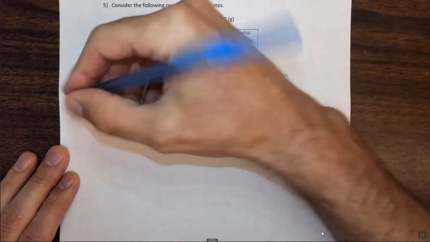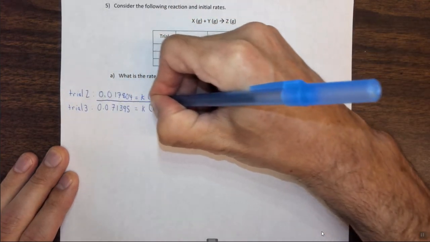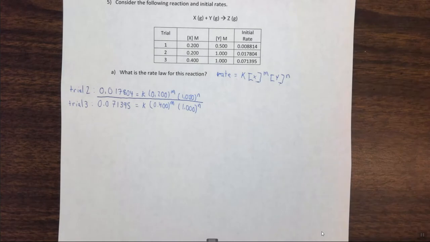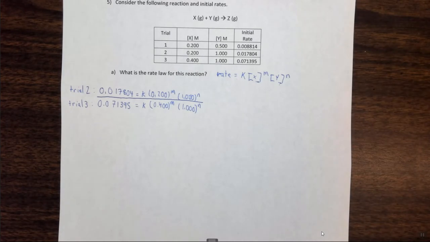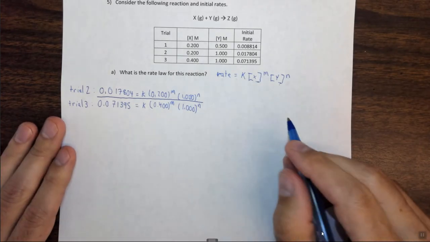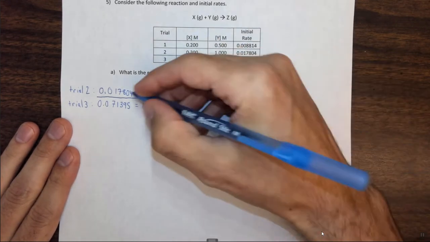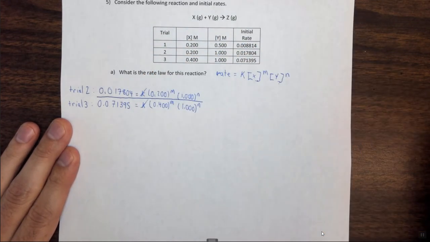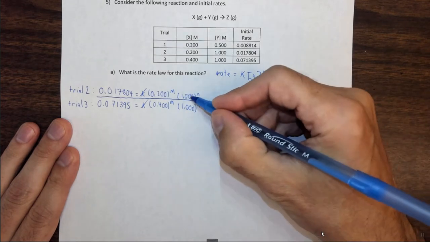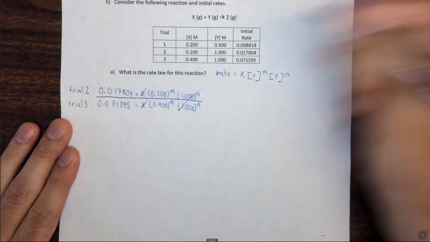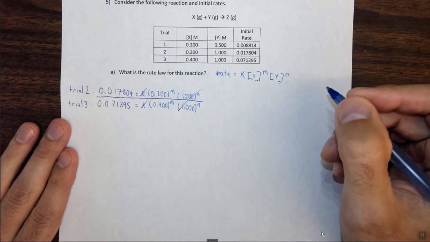Now we want to divide these two by each other. When we do that, we can cancel out like terms. It's the same reaction, so K is a constant. And in this case, 1.00 to the N is the same on both, so we can cross it out.